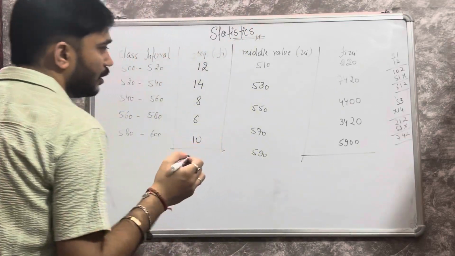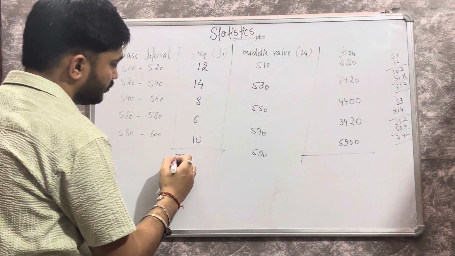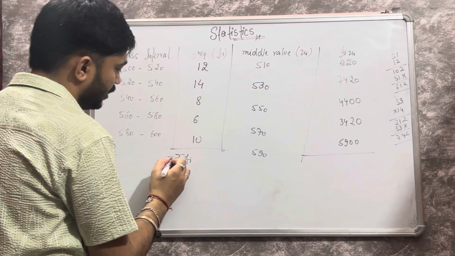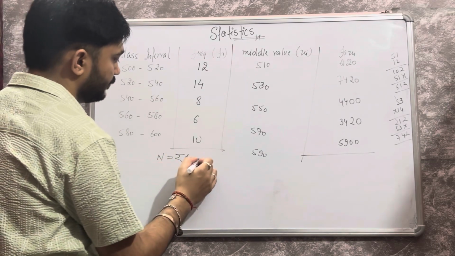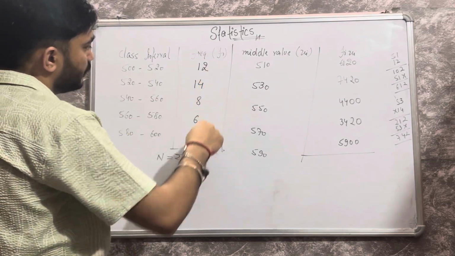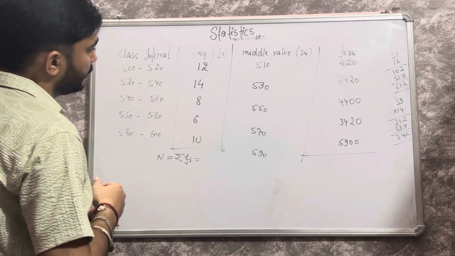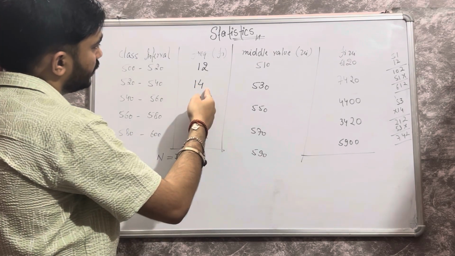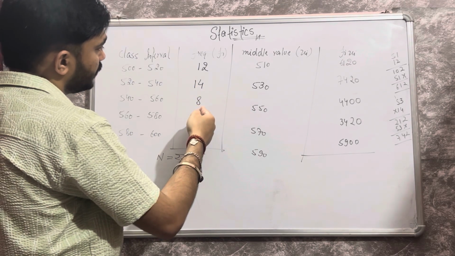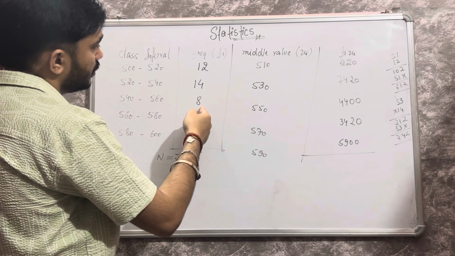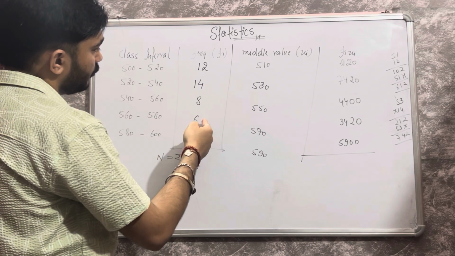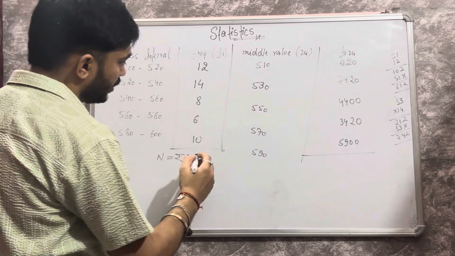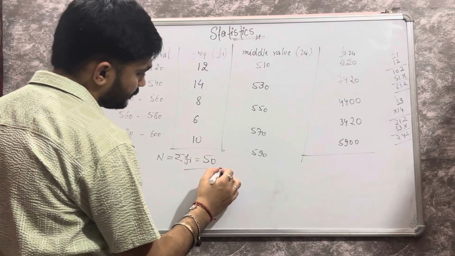Now you have to calculate the summation of Fi, also known as the value n. You need to add up all these values. So you will get 12 plus 14 is 26, 26 plus 8 is 34, 34 plus 6 is 40, and 10 is 50.